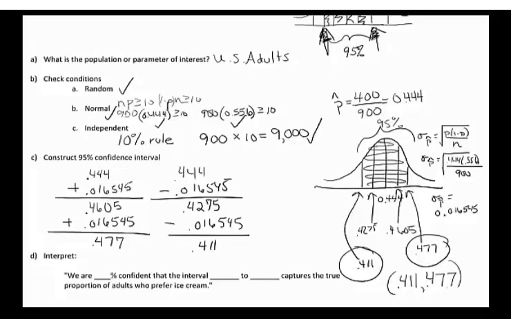And to interpret this, we have to memorize this sentence and put in the information that we have been working with. So we are 95% confident that the interval 0.411 to 0.477 captures the true proportion of adults who prefer ice cream.